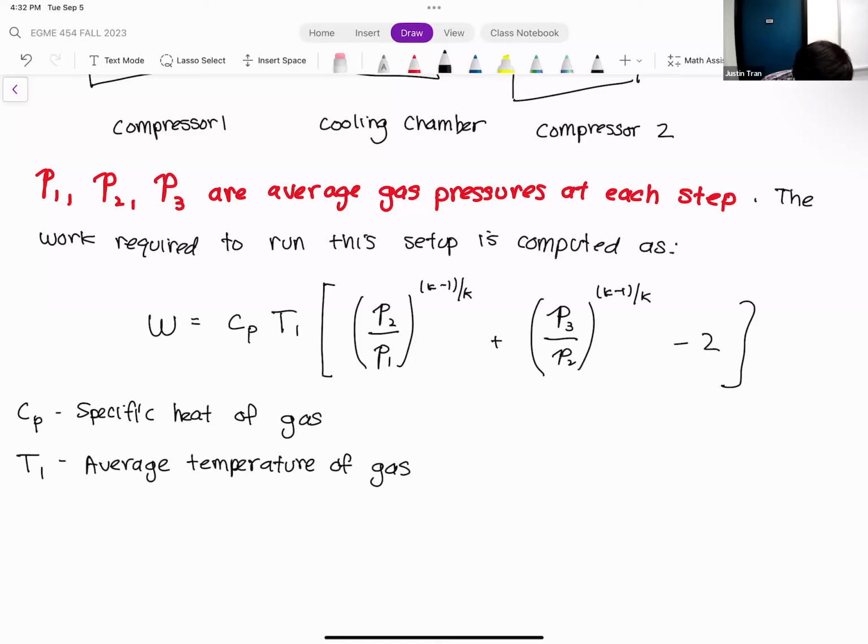And the last variable is k. And so k here is the ratio of the specific heat at constant pressure to the specific heat at constant volume. So it's a very lengthy description, but it's a very common kind of thermodynamic problem.